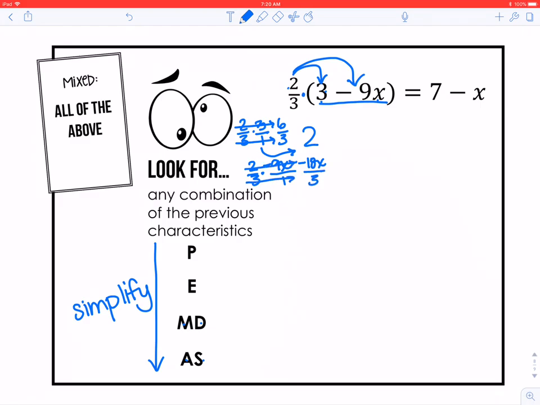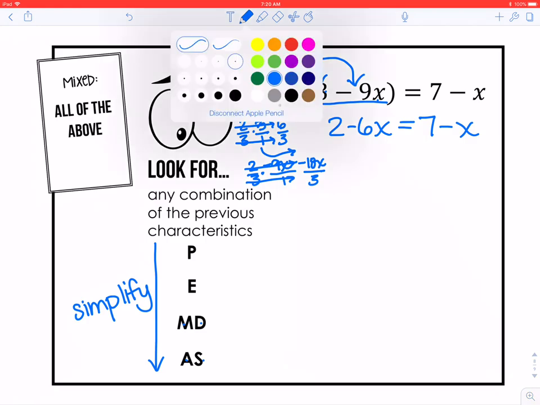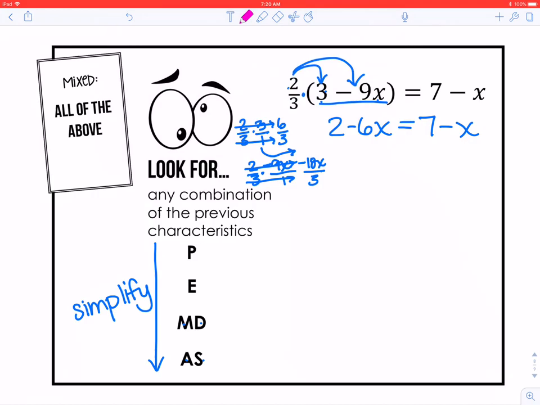And so negative 18x divided by 3 would give us a negative 6x. So we have 2 minus 6x equals 7 minus x. And now it looks just like level 3 with variables on both sides. So we need x's on one side, numbers on the other, right? Move those constants together and those variable terms together. So we're undoing.